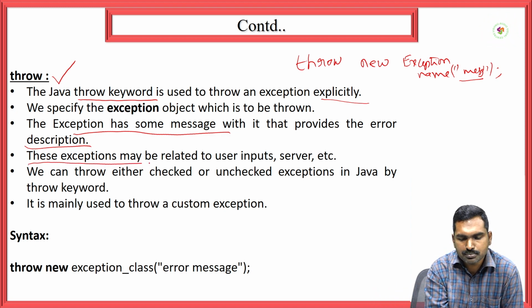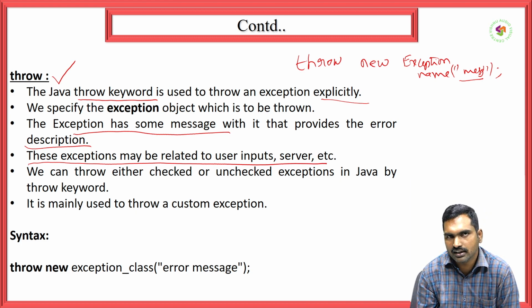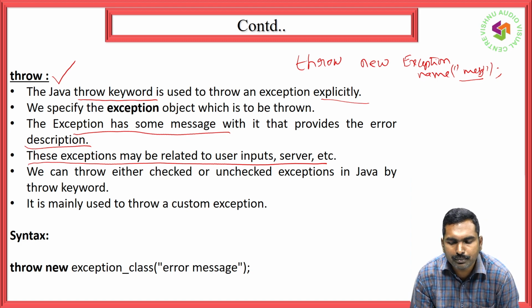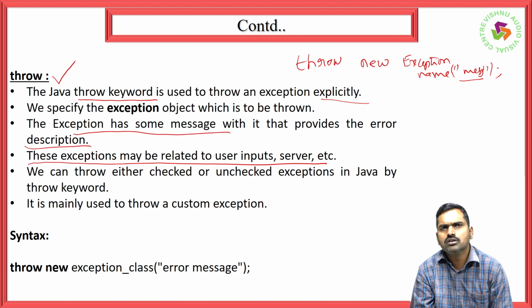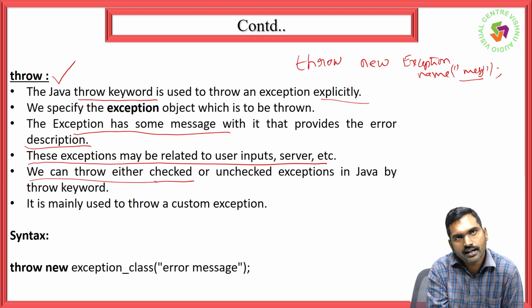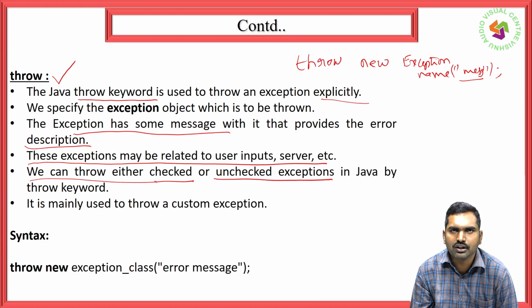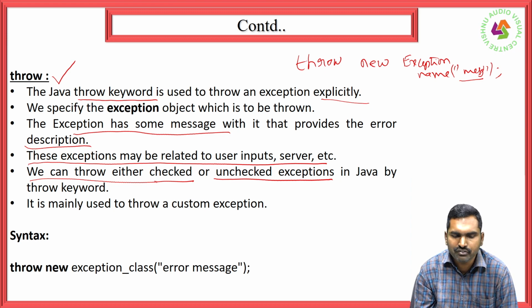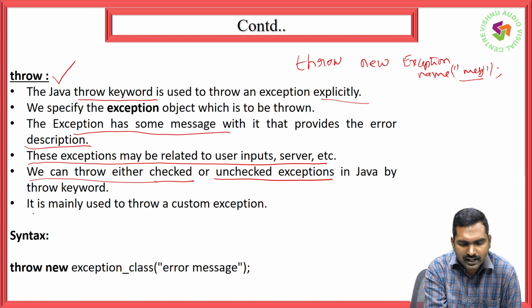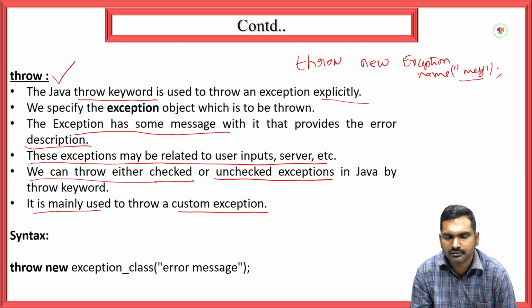These exceptions may be related to user inputs or servers, etc. We can throw either a checked or an unchecked exception with the help of the throw keyword. It is mainly used to throw a custom exception, a user defined, our own exception.